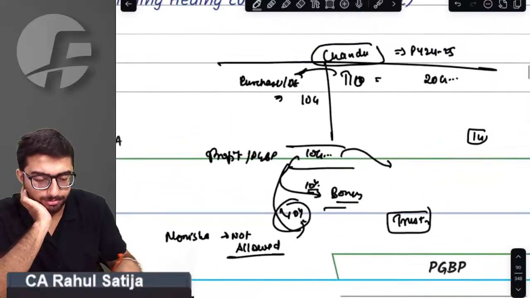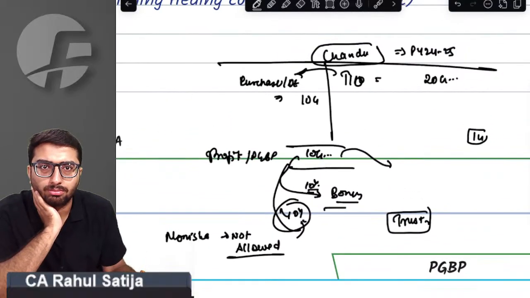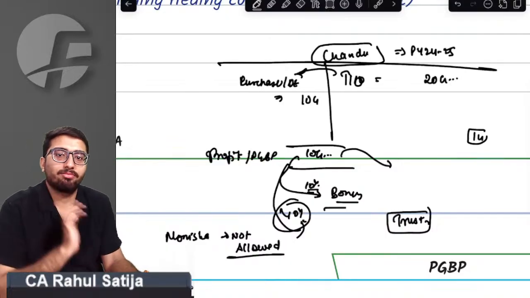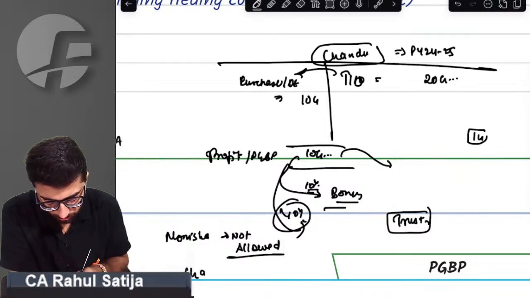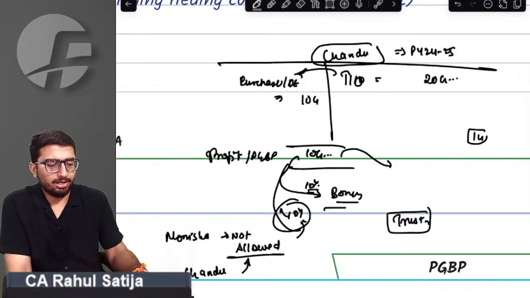Will that be allowed expenditure? Provision says. Chandu says not allowed. Chandu and Monisha are on the same line.